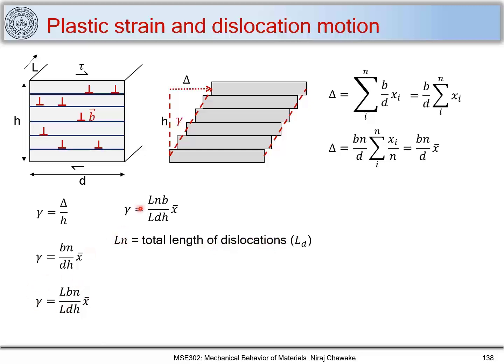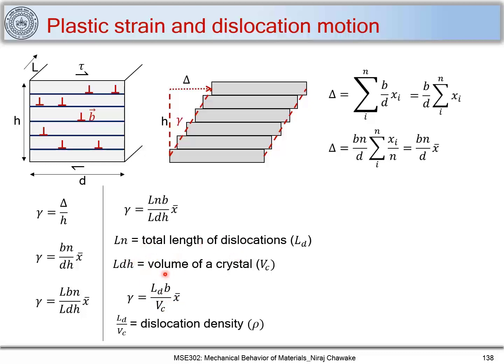I rearranged the relation in this fashion: because I have n dislocations, and the length of the crystal will be the length of the dislocation line, it will be the total length of dislocations, L n. And you can see that L d h is nothing but the volume of the crystal, I call it Vc. So I can write gamma equal to L n b upon Vc times x bar. And this L n upon Vc, the total length of dislocations per unit volume of crystal, is nothing but the dislocation density.